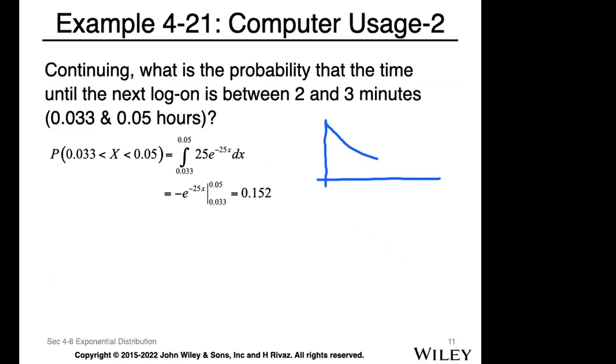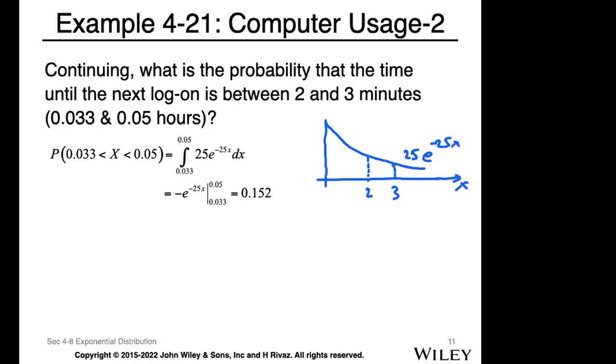This is the exponential distribution. This is 2 minutes. This is 3 minutes. The curve I plotted here is 25 times e to the minus 25x.